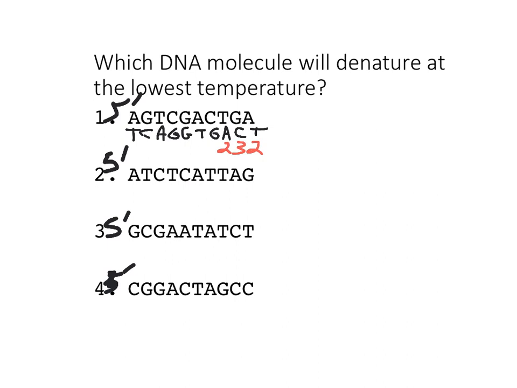So then the last thing you need to do to figure this out is what? There's a relationship you have to know to answer this question. What's the relationship you need to know? Something about temperature and base pairs. How does temperature influence how tightly? Increasing temperature increases denaturing. So increasing temperature causes the 2 nucleotides to want to separate.